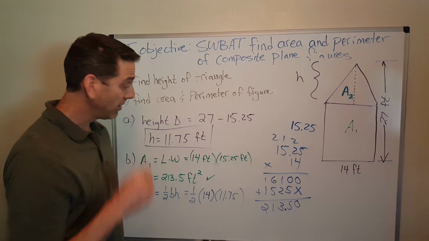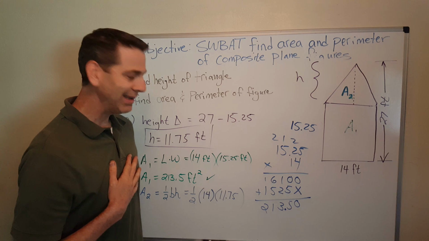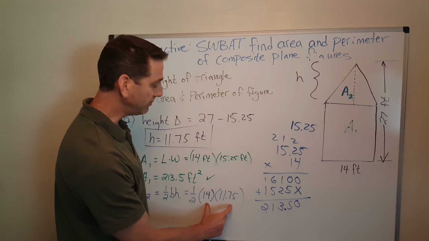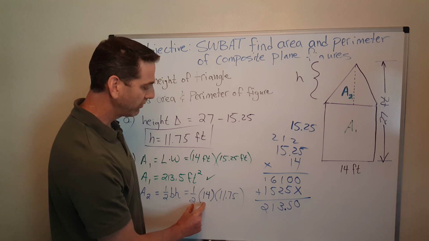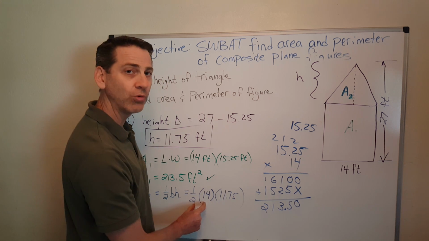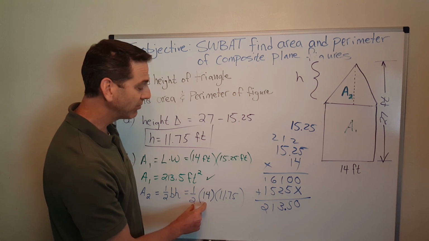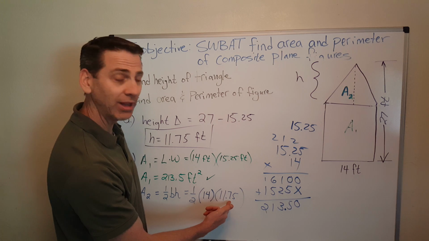Okay, so help yourself out here. Instead of doing this first, I'm going to do this first, because I know what half of 14 is. Half of 14 is 7. So now I can just multiply 7 times 11.75.